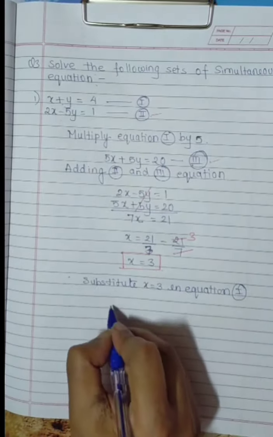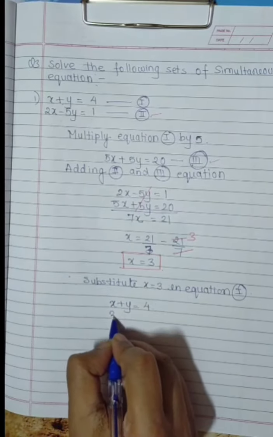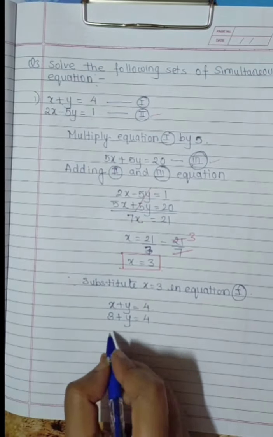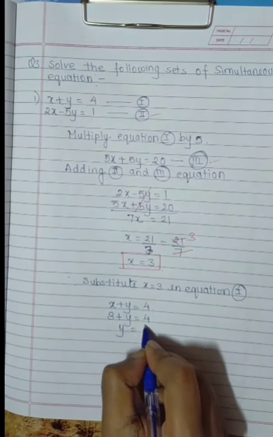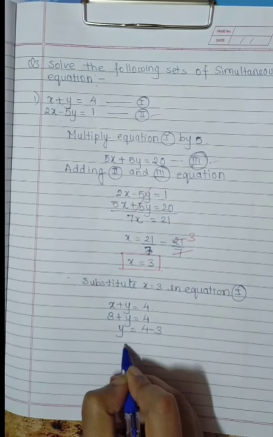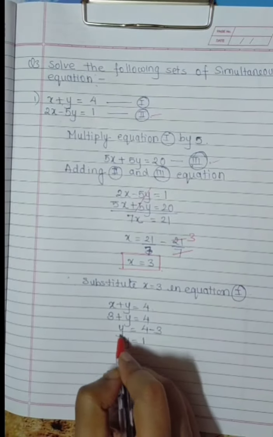So x plus y is equal to 4. x is 3, so 3 plus y equal to 4. Now y is equal to 4, and this 3 will come to this side as minus 3. And now y is equal to how much? 1. So we got the y value as 1.